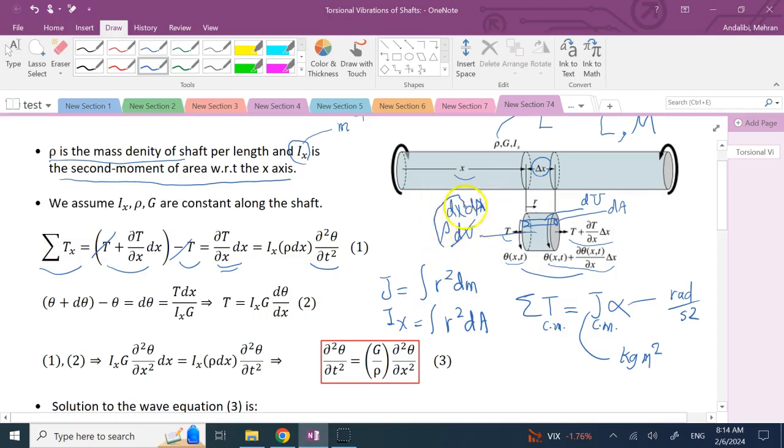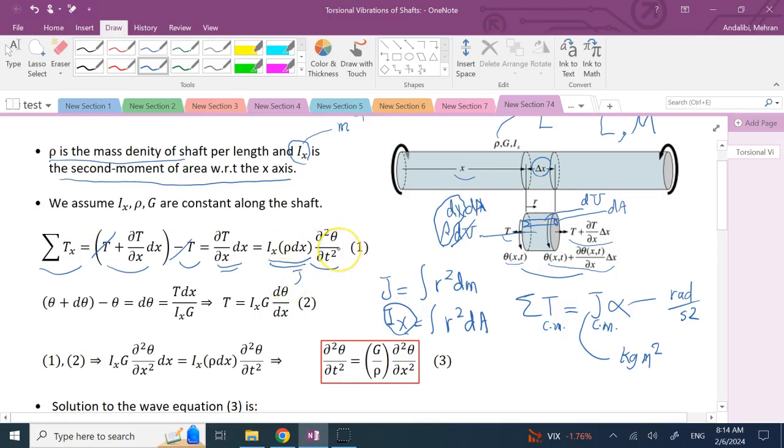If I bring this rho dx out, the result is r squared dA, which is the same as Ix. So if I multiply Ix by dx and by rho, which you see here I'm doing, the result is that J.